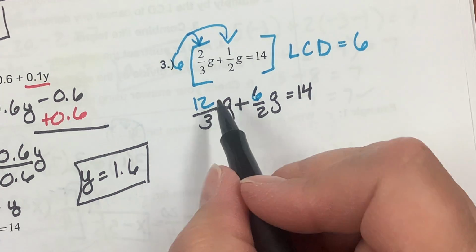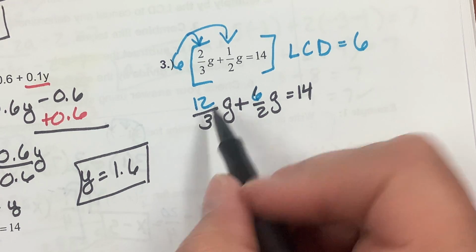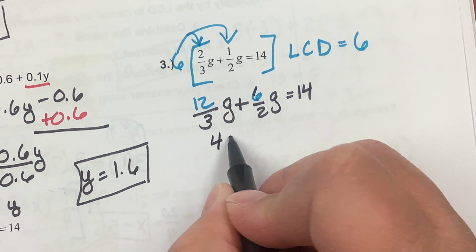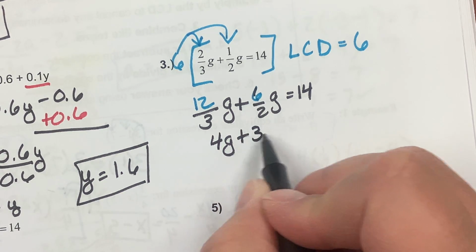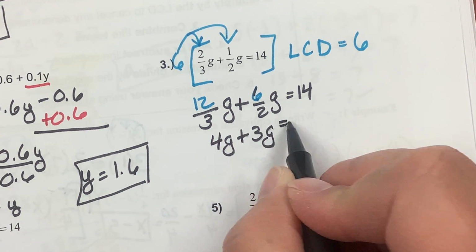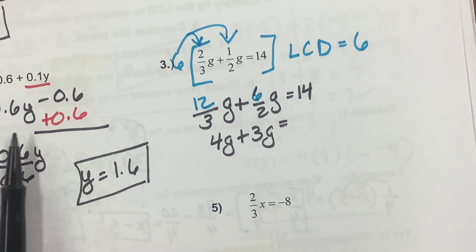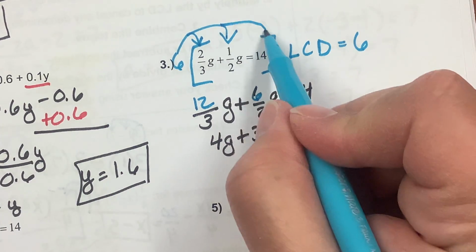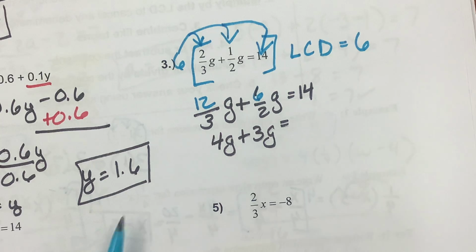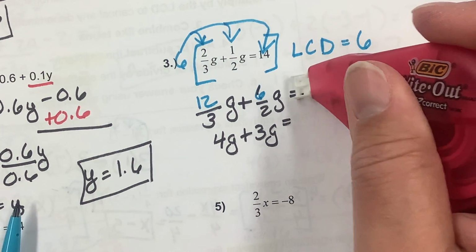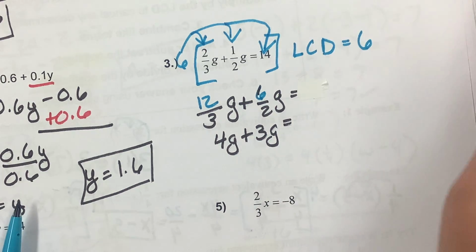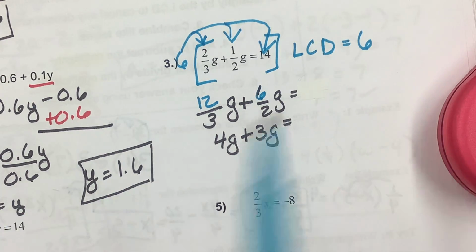Okay. 12 divided by 3 is 4G plus 6 divided by 2, 3G equals, oh no, I forgot to multiply 6 times 14. Well, that would have been very bad, and I would have gotten the wrongest of answers. That's 84.